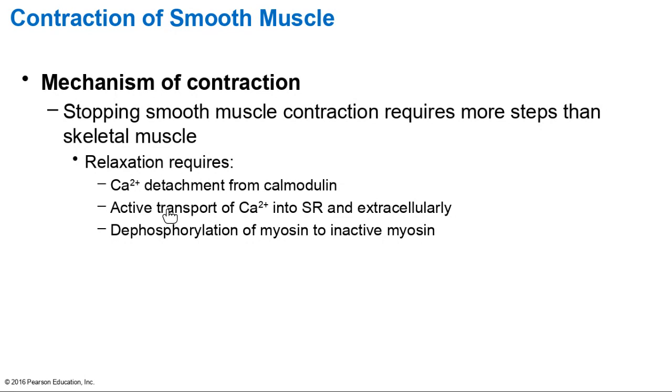Active transport means requiring energy. Remember that this is a calcium pump on the SR. Calcium pumps require ATP. We're going to do dephosphorylation of the myosin head. So we're going to have a phosphatase come along and remove that phosphate from the myosin head, and that renders the myosin head inactive at that point.